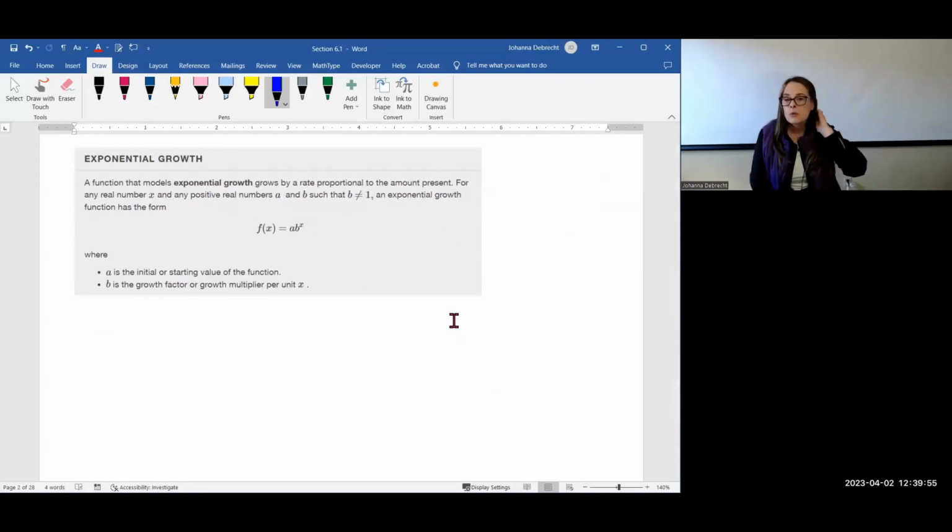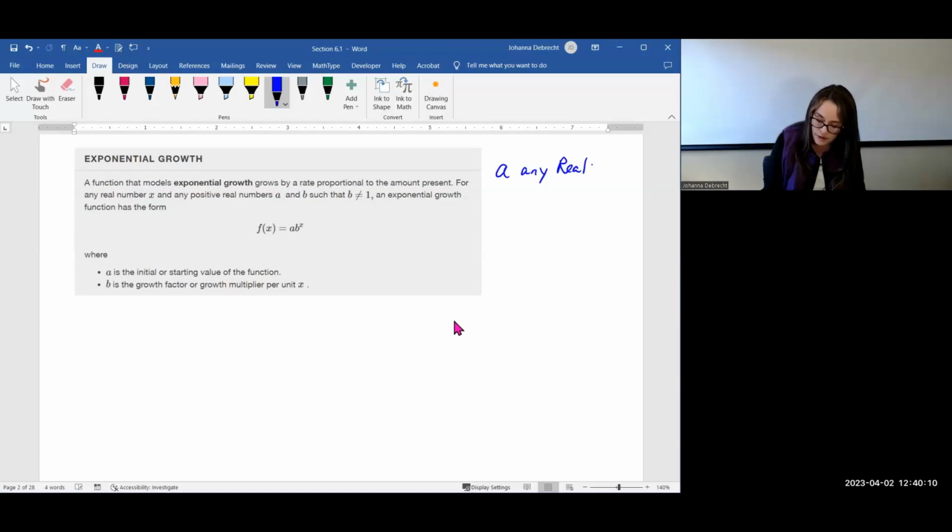Now, exponential growth is a particular way of looking at an exponential function. Now, when we're looking at this right here, remember, a is any real not equal to 0. And b has to be strictly positive because we don't want square roots of negatives.